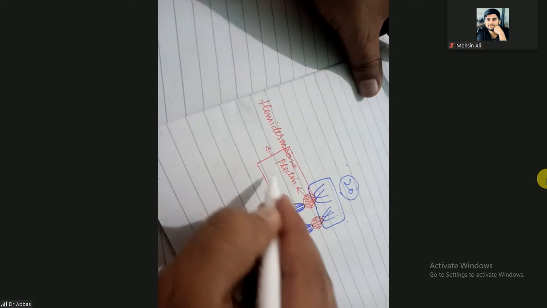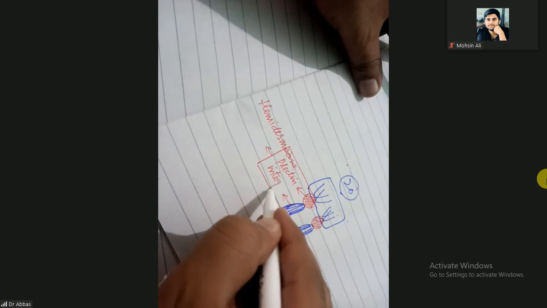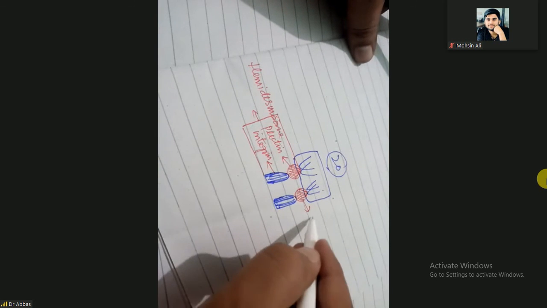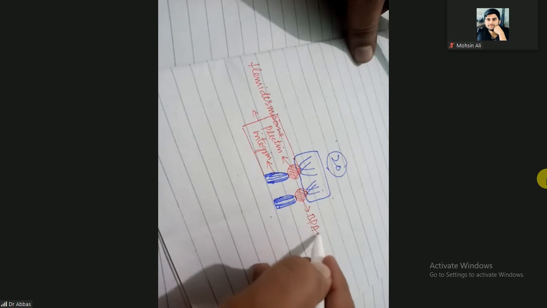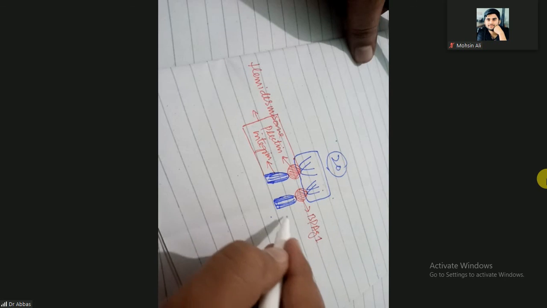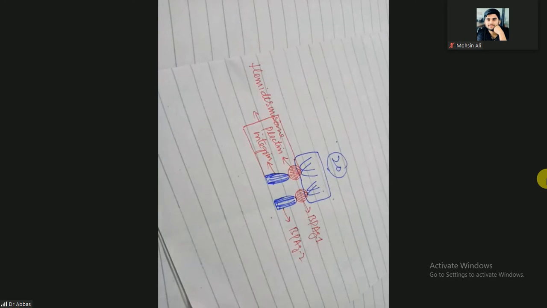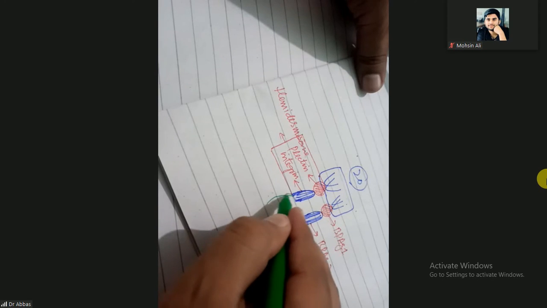This portion has BPAG1. This portion has BPAG2. Clear?